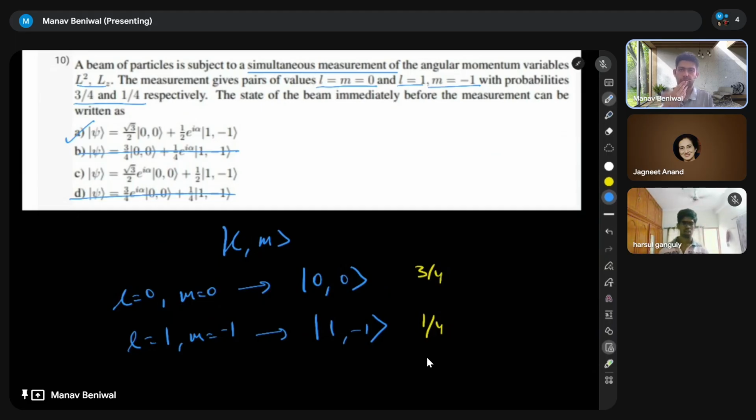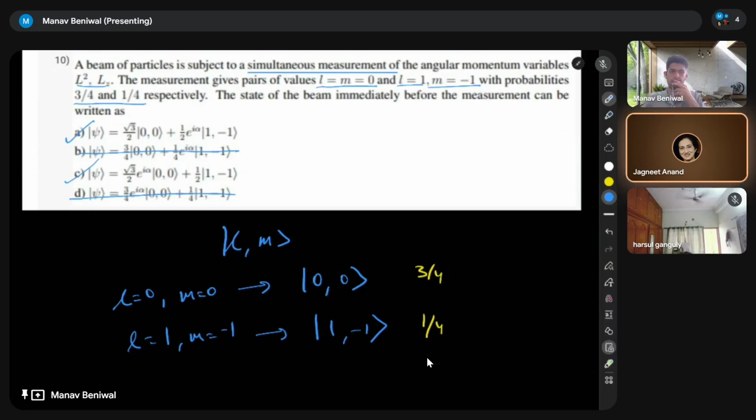But conventionally, the state with higher M is generally taken as the reference, and compared to the higher M, we assign a phase to a lower M. That is the convention. If this was a multiple select question, both A and C are correct. If it is a multiple choice problem with one option correct, then we generally assign the phase with the lower value of M.